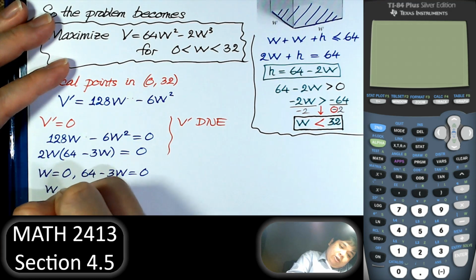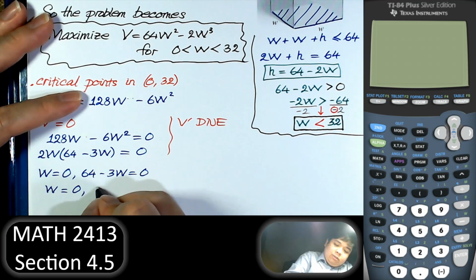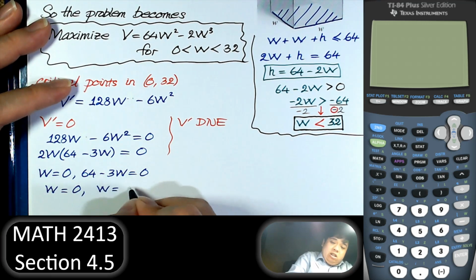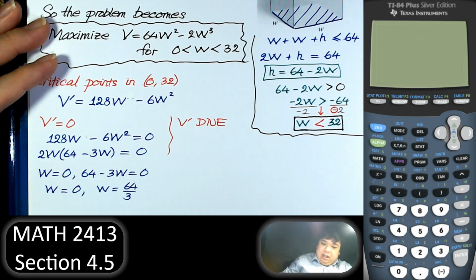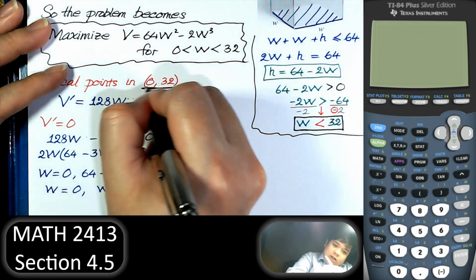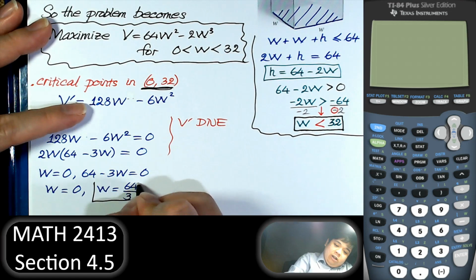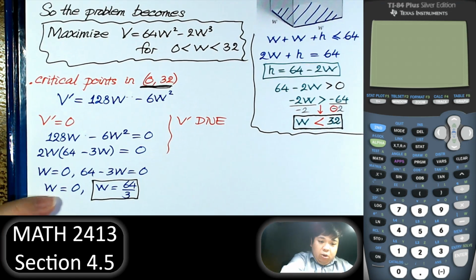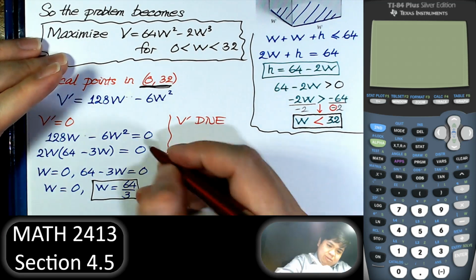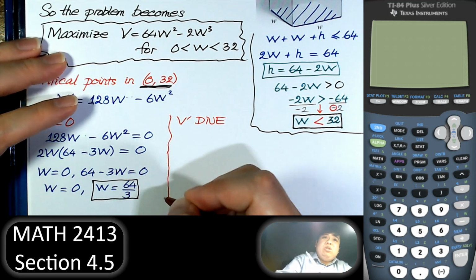So w equal to 0, or w equal to 64 over 3. And since this is between 0 and 32, there's only one. 0 doesn't count. Of course we can choose 0 too.